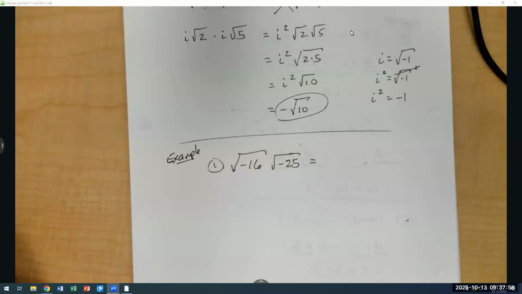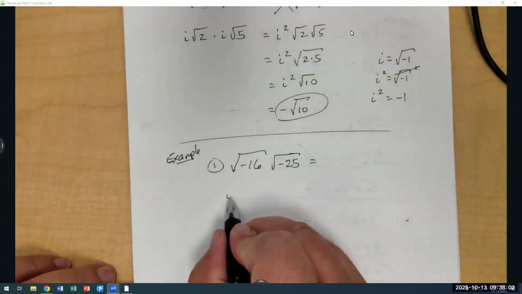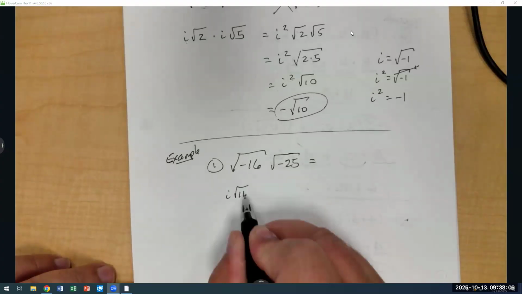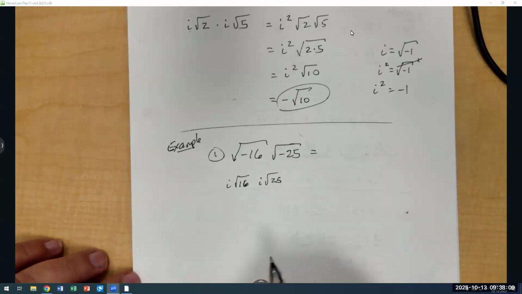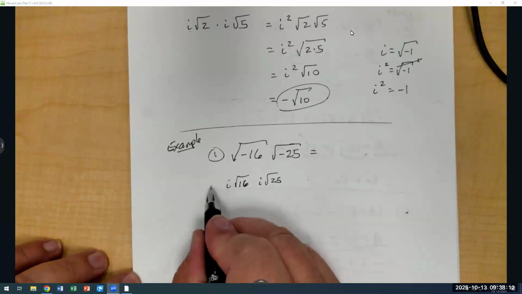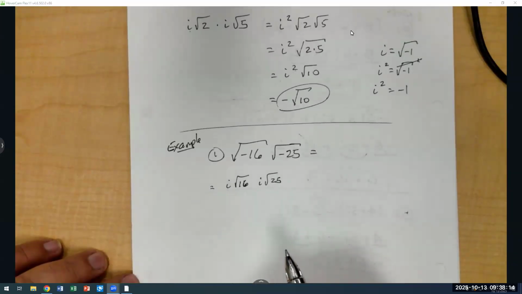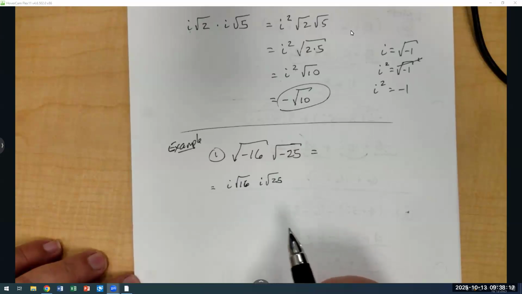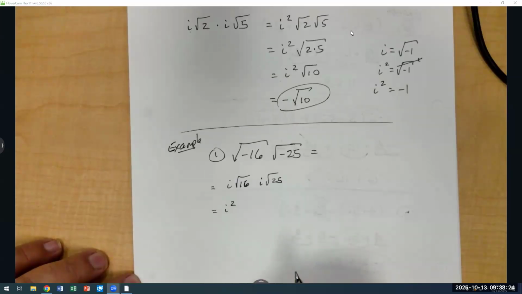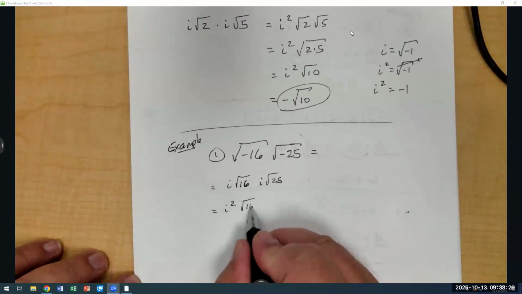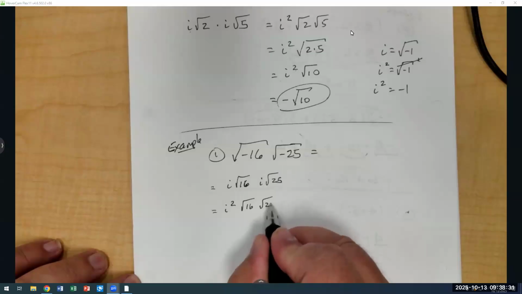What's my first step? So it's i radical 16, i radical 25. Then what? Gives me what? So it is i squared, square root of 16 times square root of 25.